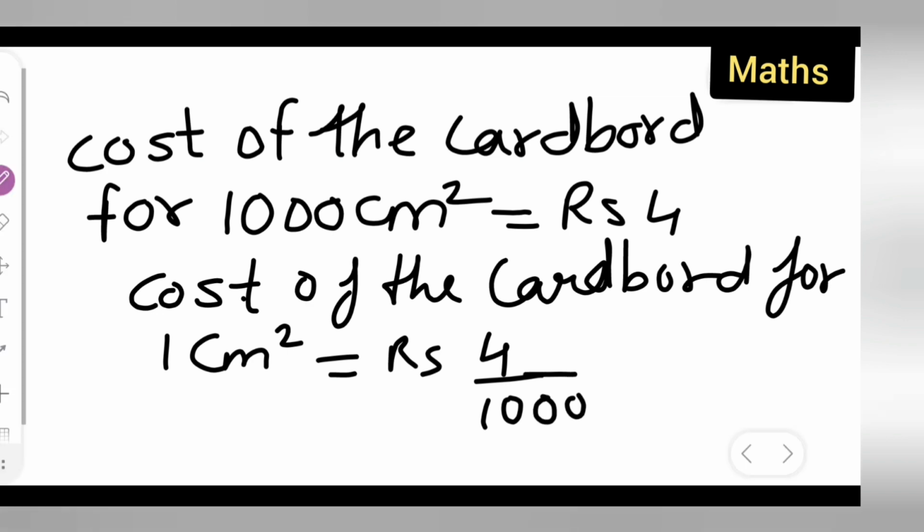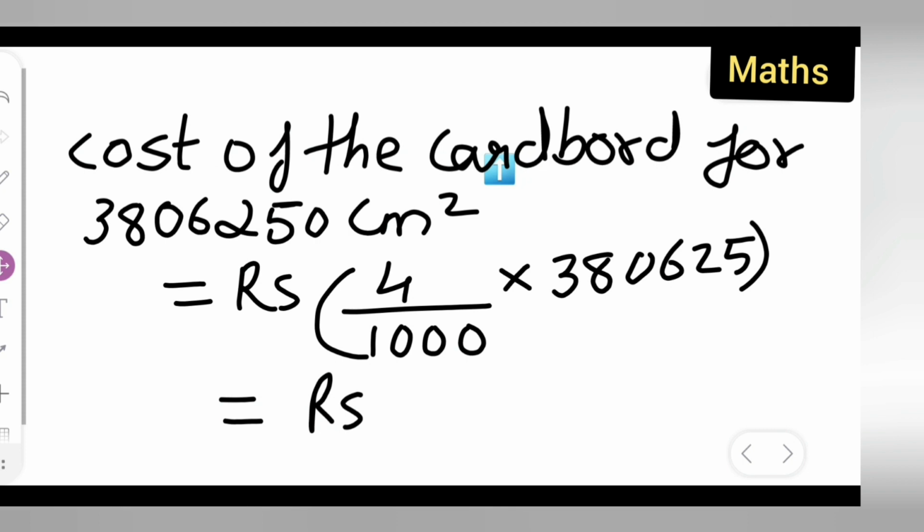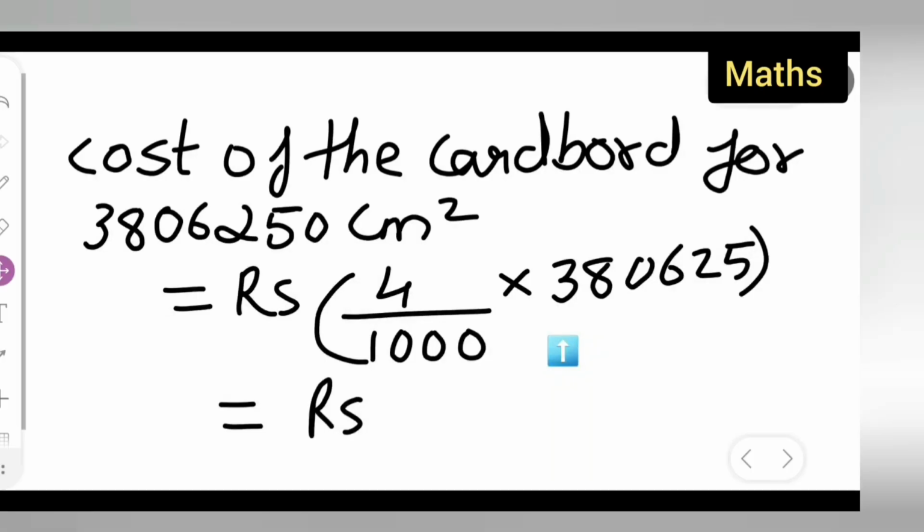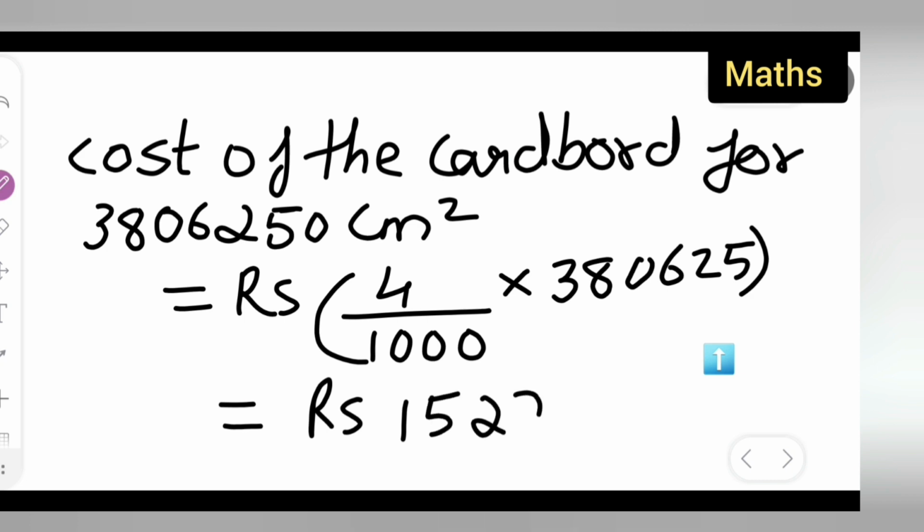So now the cost of the cardboard for 380,625 centimeter square is rupees 4 upon 1000 multiplied by this number. So now if you multiply this, what will be your answer? You will get rupees 1522.5. Okay, so this is your answer for the bigger box.